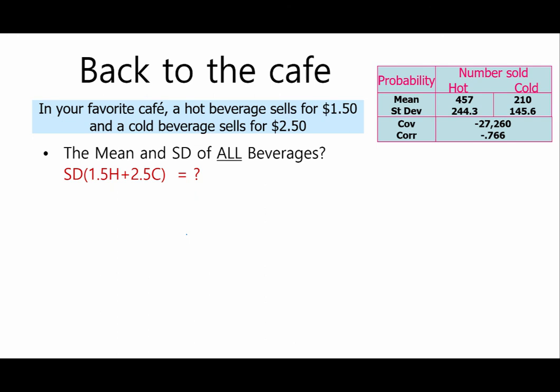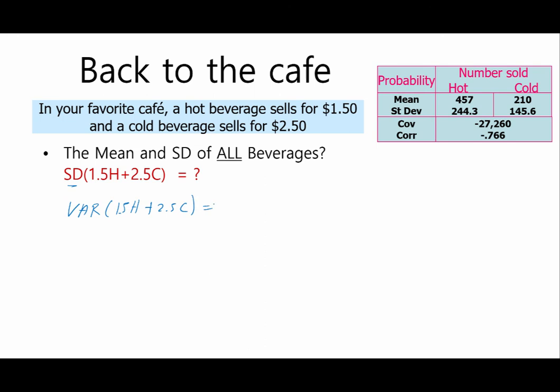Let's see. Instead of using the standard deviation, we now actually do have to write out the variance first. So it's going to be the variance of 1.5 times units in hot plus 2.5 cold units.